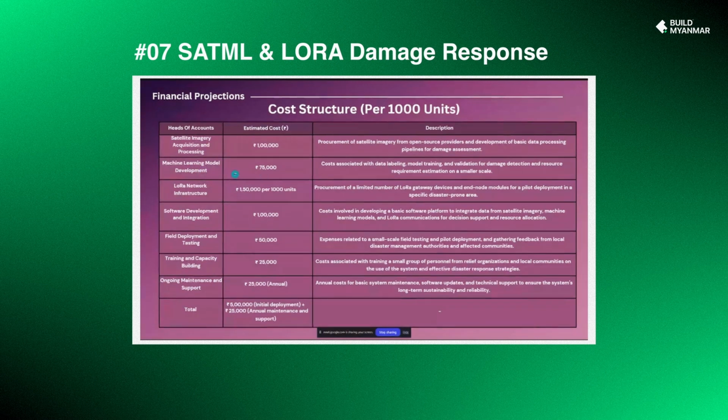The machine learning model costs 75,000 Indian rupees, and for 10,000 units we need 1,50,000 Indian rupees, which is very low cost compared to the market, considering that in offline mode we provide a coverage area of 30 kilometers, which is pretty great. This is the total for initial deployment and annual maintenance support.